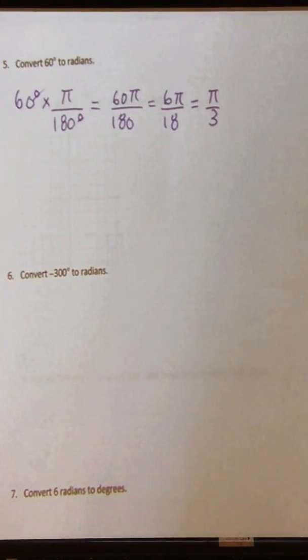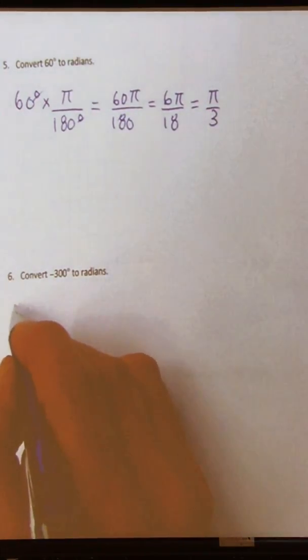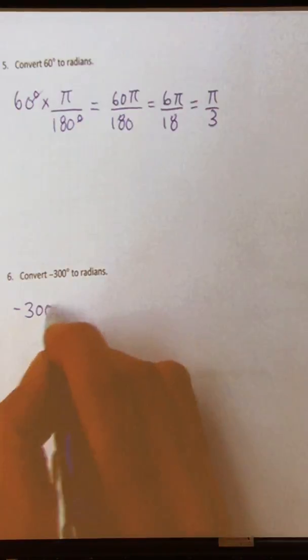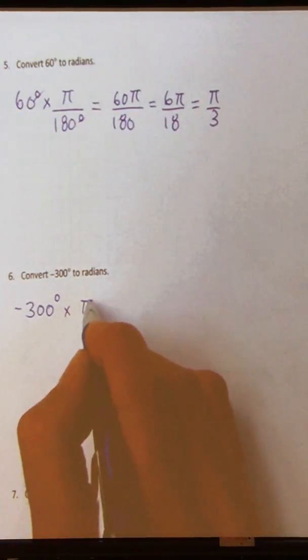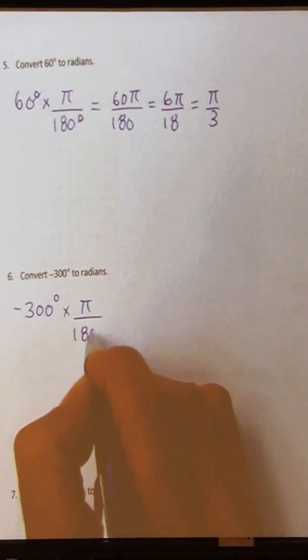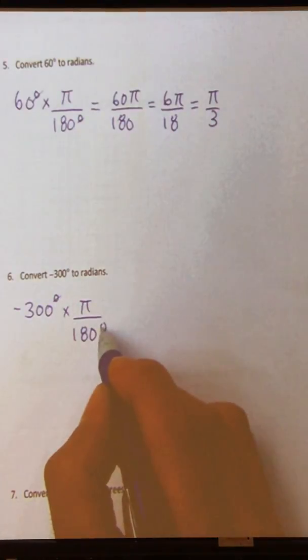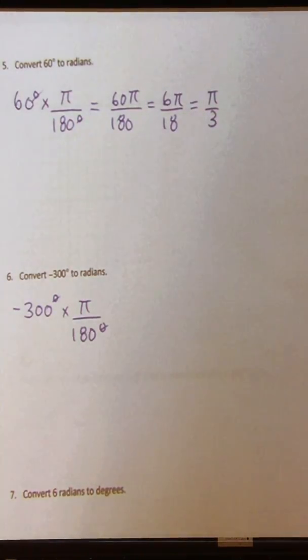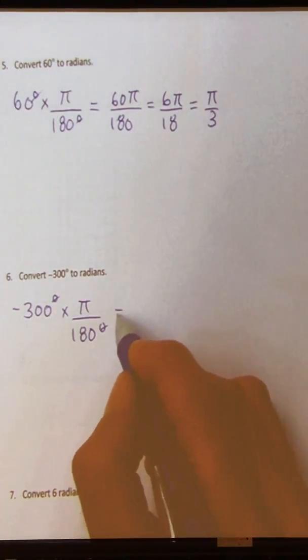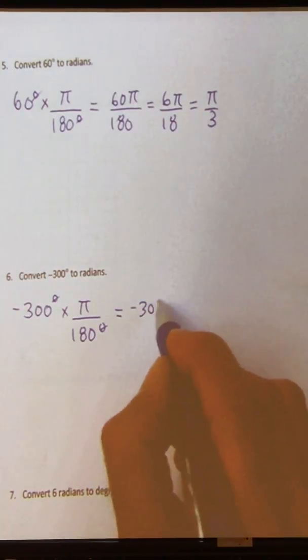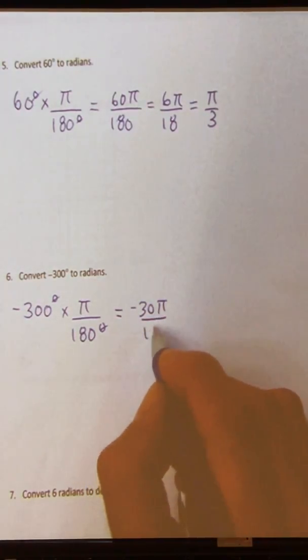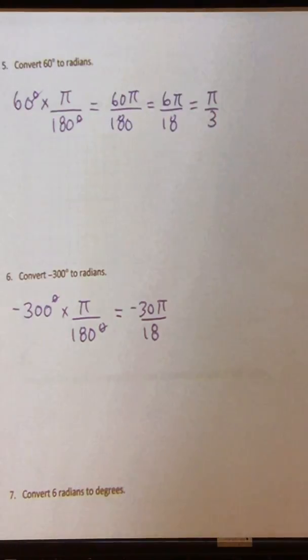Problem 6. Now we wish to convert negative 300 degrees to radians. We use the same technique as above, starting with the given degree measure and multiplying by pi over 180 degrees. Of course, our degrees will divide out, and then we can divide out a 0, giving us negative 30 pi over 18, which we can further reduce.